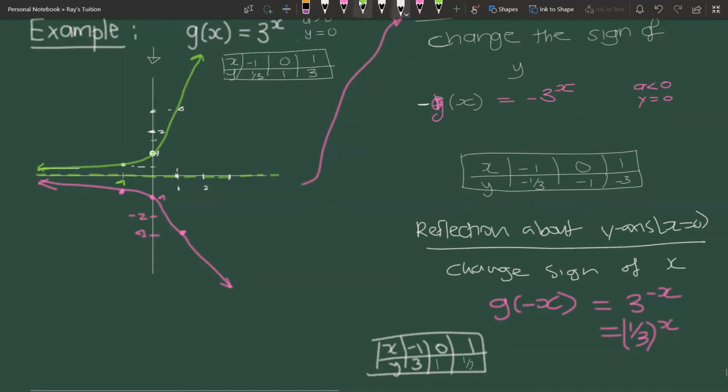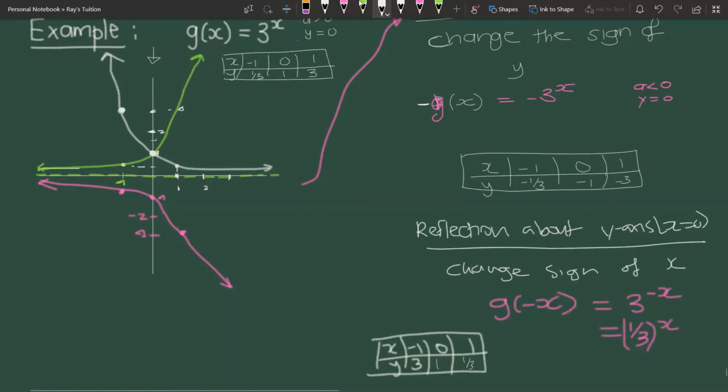So let's plot these points. At minus 1, it's 3. At 0, it's still 1, and at 1, it is a third. If I join this graph now, you'll see it's a reflection about the y-axis.